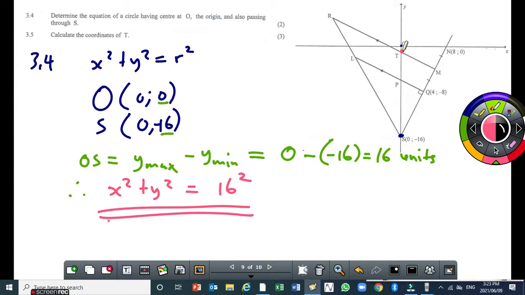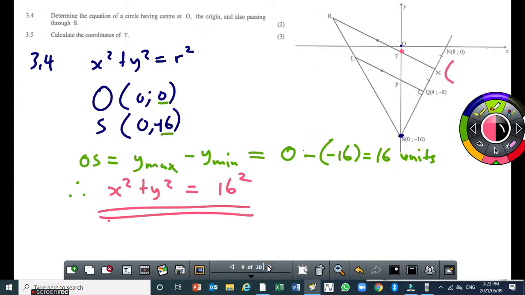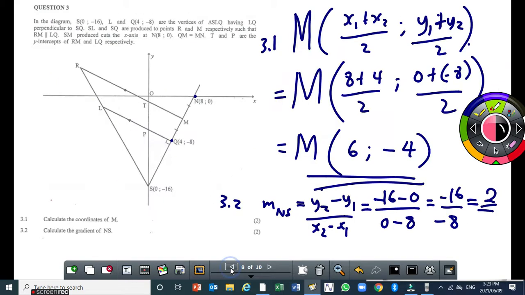For us to know the coordinates of T, we may need to determine the equation for TM or for RN. We know the coordinates of M from the previous question: the coordinates of M are 6 and minus 4. Do we know the gradient? We found the gradient of NS.